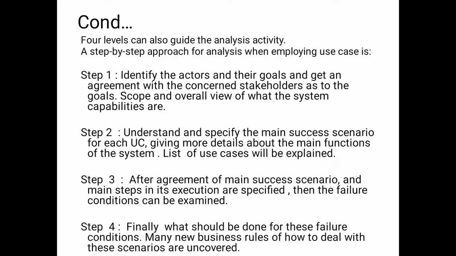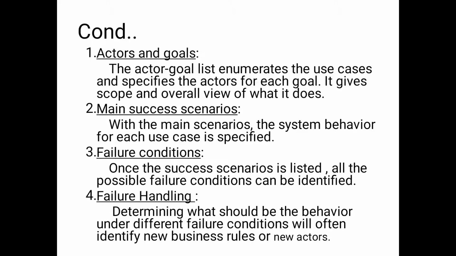Next we will see the approaches or analysis activities regarding these 4 steps. Step 1, identify the actors and their goals and get an agreement with the concerned stakeholders as to the goals, scope and overall view of what the system capabilities are. As I said in the actors and goals, you have to identify the scope and overall view of what it does.